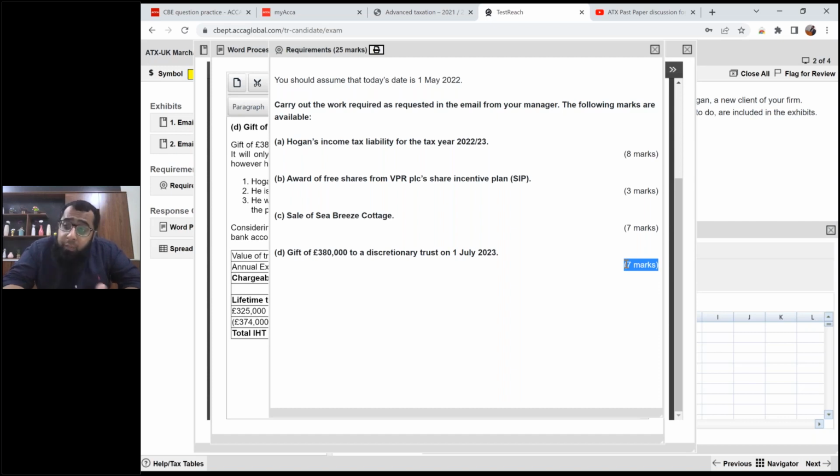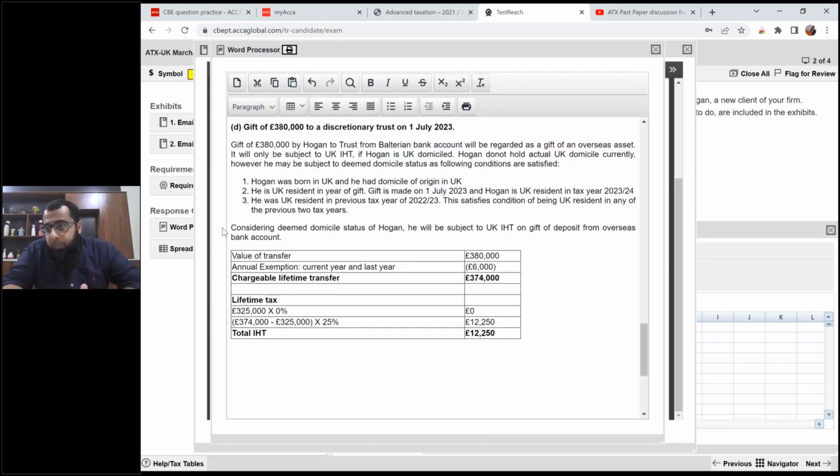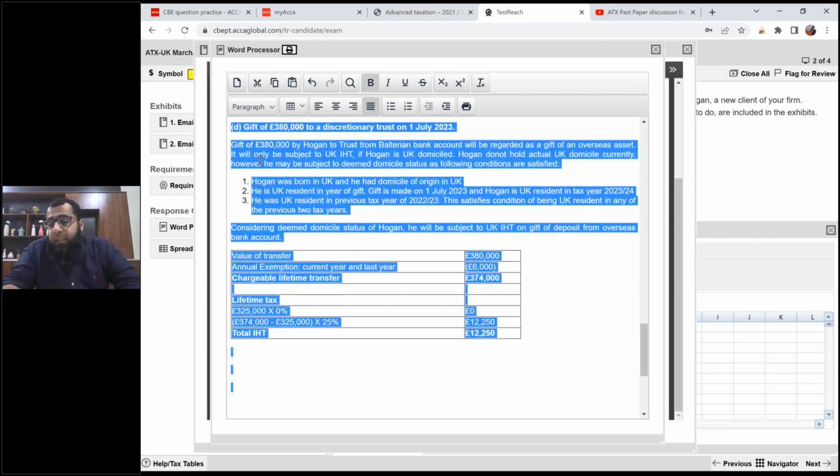The annual exemption is available whenever you are calculating IHT of current year and last year both, except if the last year exemption was used. So this was a very easy thing for 7 marks.